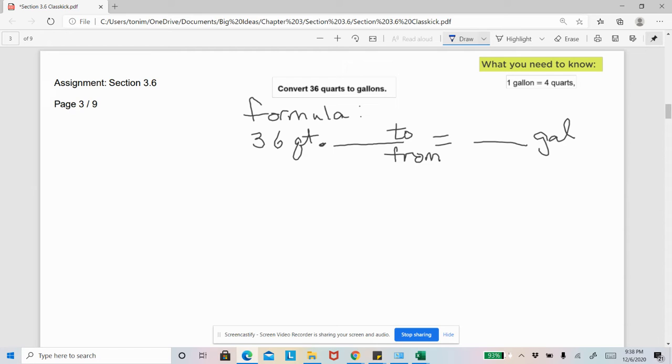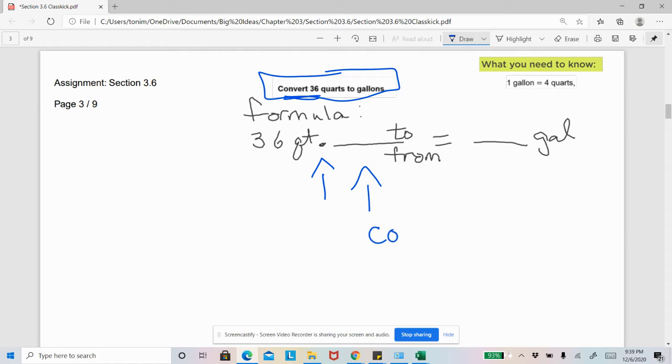So they want us to convert 36 quarts to gallons. So here is your formula. You're going to start by writing 36 quarts, which is what I wrote right there, because that's what we're starting with. And then you're going to write a multiplication sign. You're going to draw a fraction line, and you're going to write 'to' over 'from.'